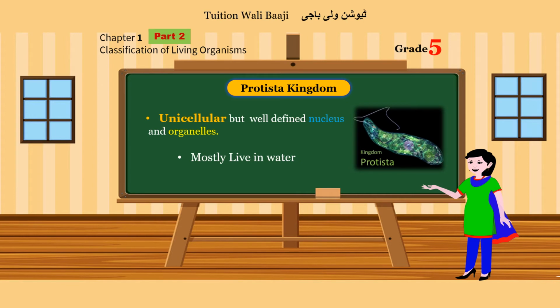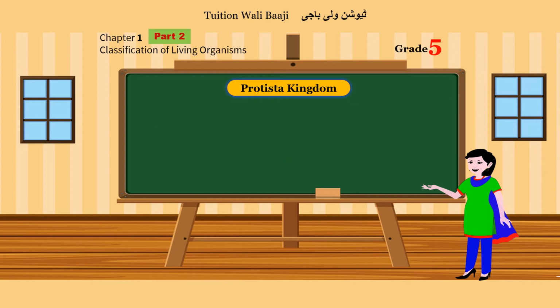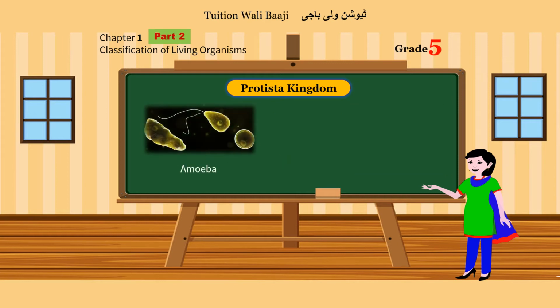Protista are unicellular organisms with a well-defined nucleus and organelles, which mostly live in water. Protista kingdom includes amoeba, paramecium, and algae.